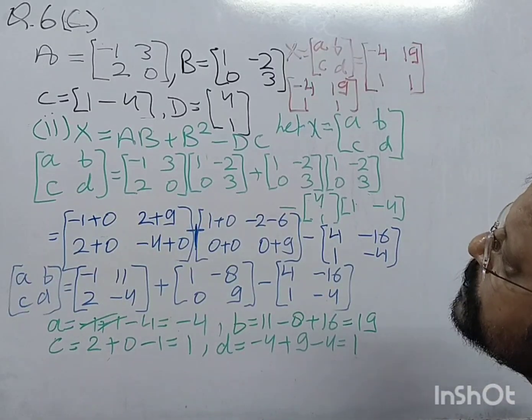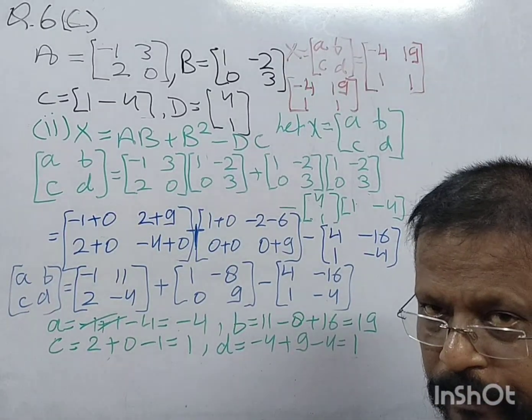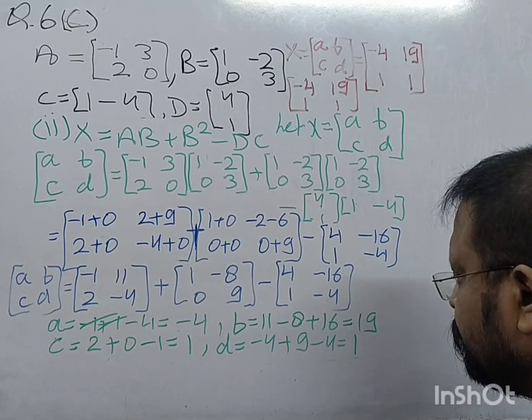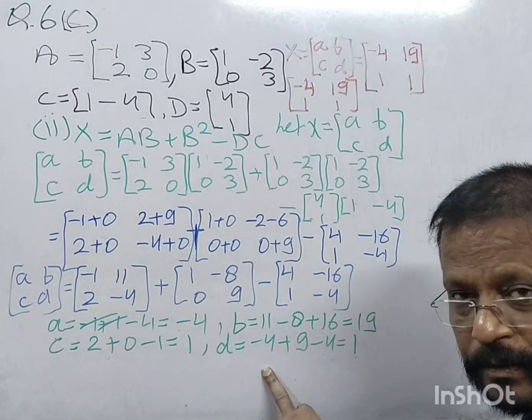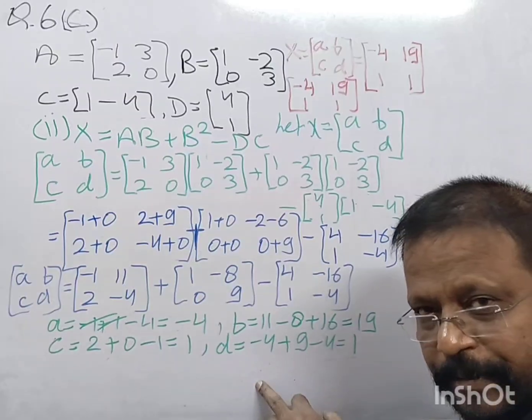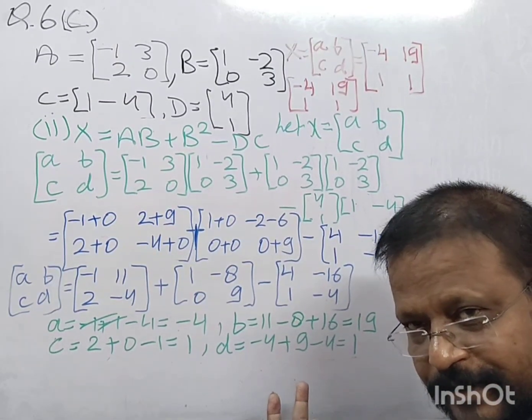This was C. So D minus 1. Minus 4 plus 9. ये कितना हुआ? Minus 4, minus 8, 9 minus 8, 1. Is it?